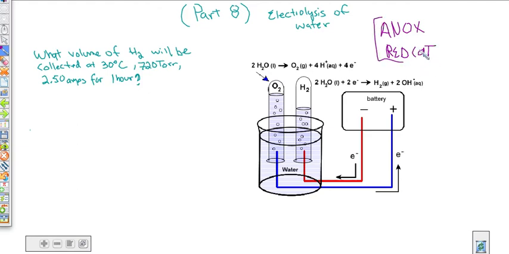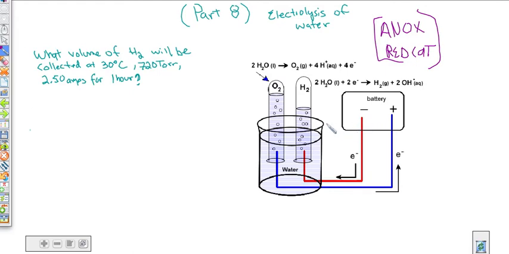And so at the anode we have oxidation. So here's our oxidation right here. Our oxygen is getting oxidized. It's losing electrons, and our hydrogens are gaining them. So that's turning into hydrogen gas, and we got water turning into oxygen gas on this side.